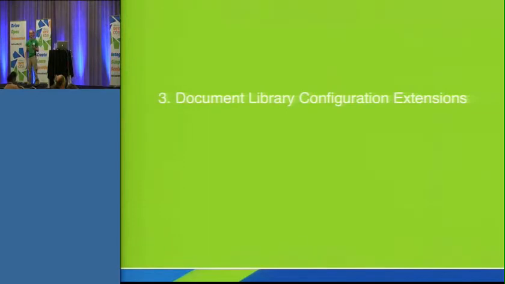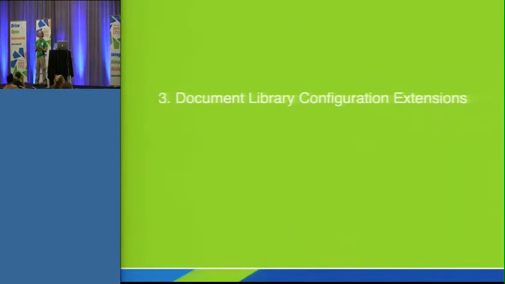looked at. Now, I'm going to move on to the document library configuration extensions. So basically, as you know, there's a lot you can do in the document library through just XML config. And when we add new features, we try and use that config to add those features.